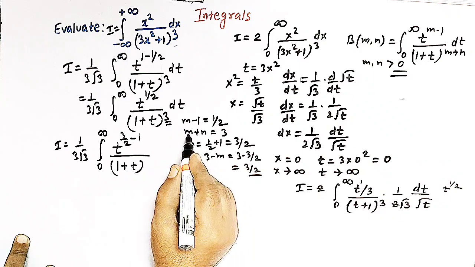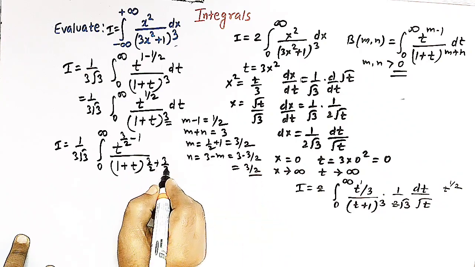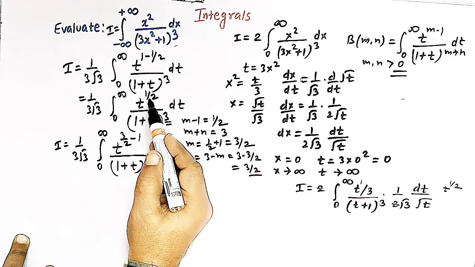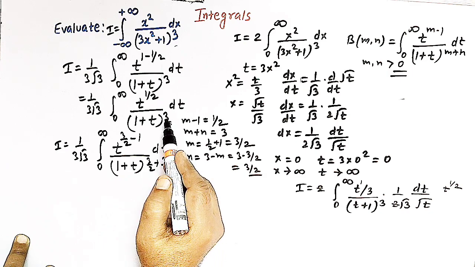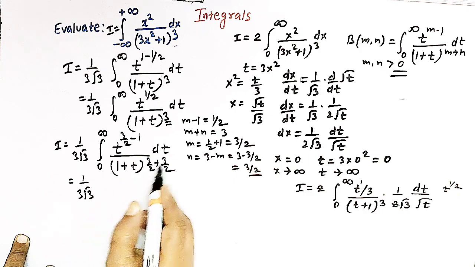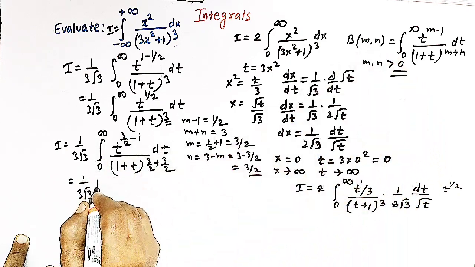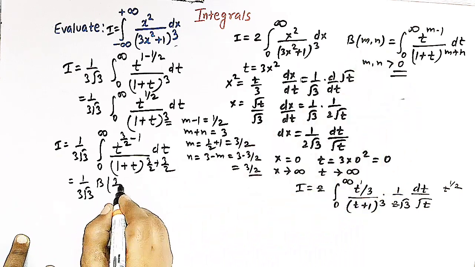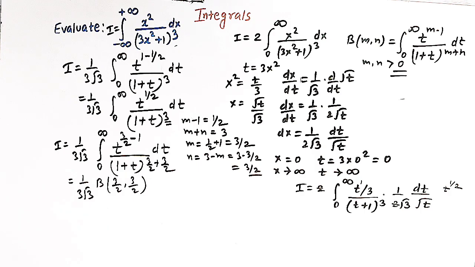So 3 can be replaced by m plus n. M is 3 by 2 and n is 3 by 2. And here we have dt. So 3 by 2 minus 1 is half, and 3 by 2 plus 3 by 2 is equal to 3. So now we have 1 over 3 root 3, and this integral is our beta function. So we can write beta m comma n, and m is 3 by 2 and n is also 3 by 2.